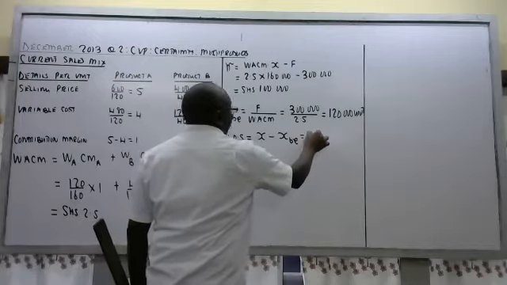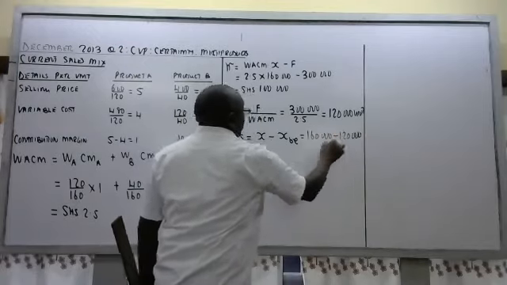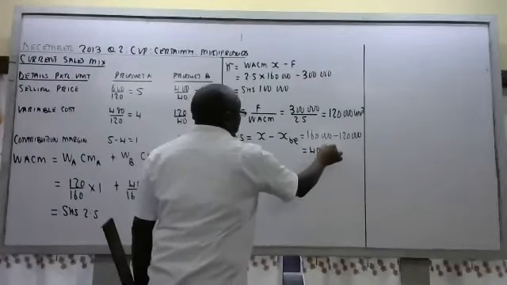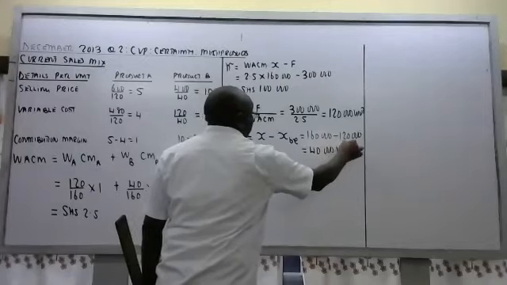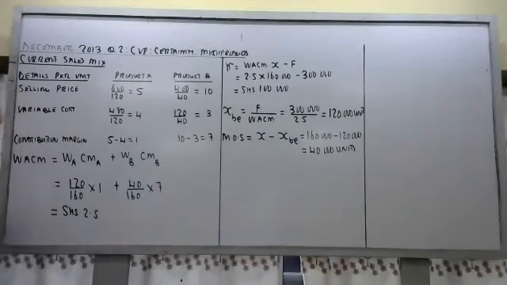So this will be 160,000 minus 120,000, and that gives you 40,000 units.